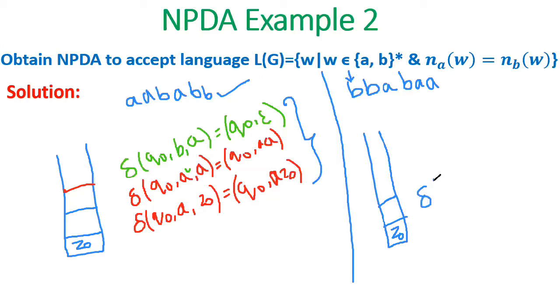By using the transition Q naught, the input is B, Z0 is on top of the stack. So what do you do here? You push it onto the stack. That is Q naught, B Z0. That is if the string starts with B, I am telling you. So B will be here now.